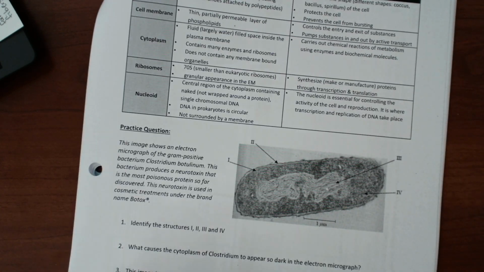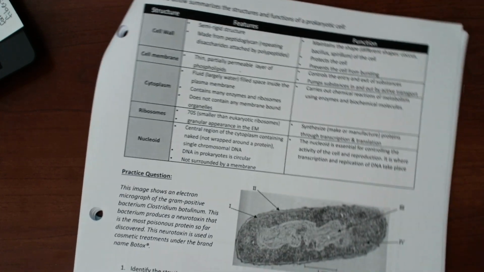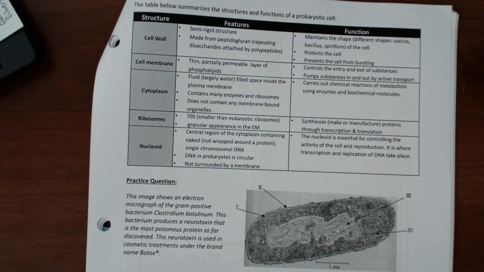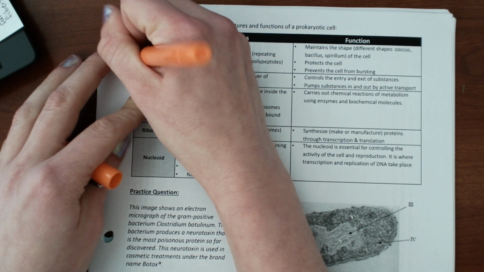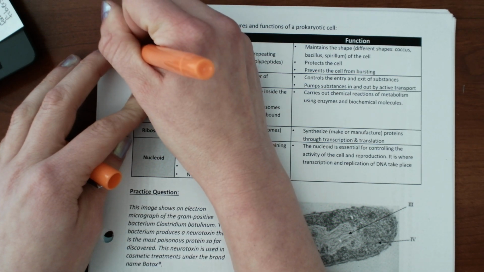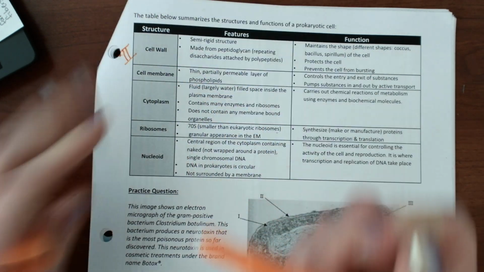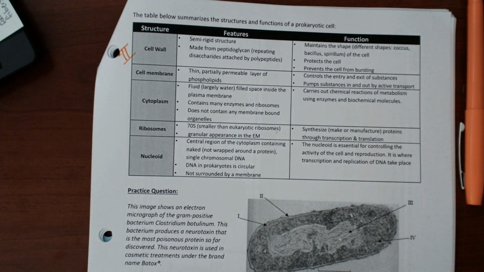Oh, I don't remember what colors I used for it. What color was... The cell wall was red. I do remember that one. No, that was the capsule. What color was the cell wall? Orange, because I had to color it. So your cell wall is shown by number 2. Your cell membrane in this one, which I think was green, is shown by number 1.